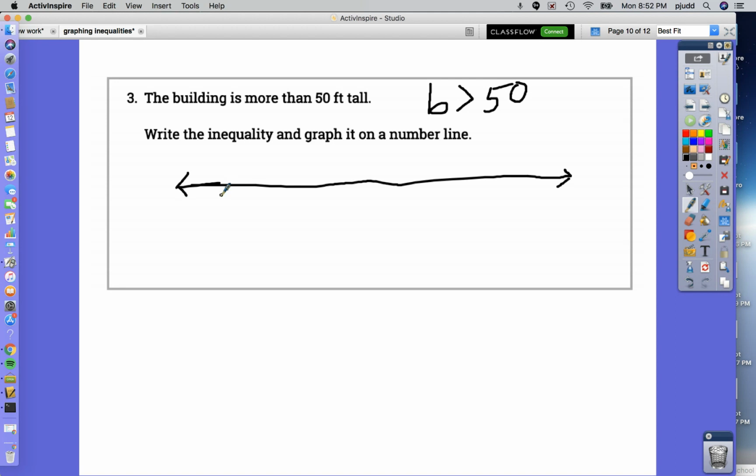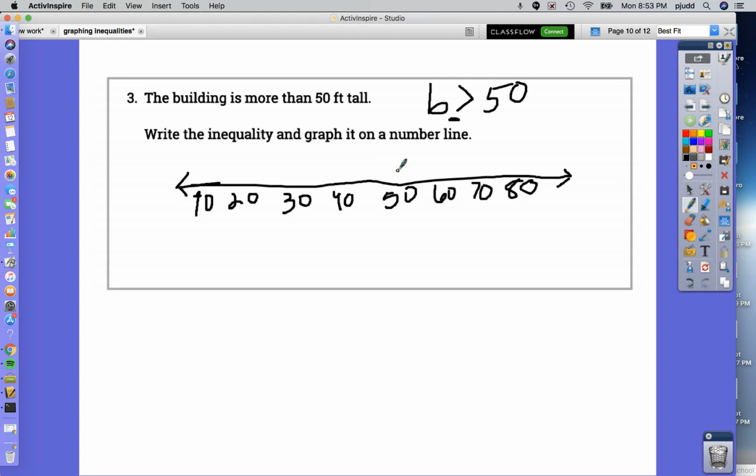And since I don't have any negative numbers, I'm going to start this with 10, 20, 30, 40, 50, 60, 70.